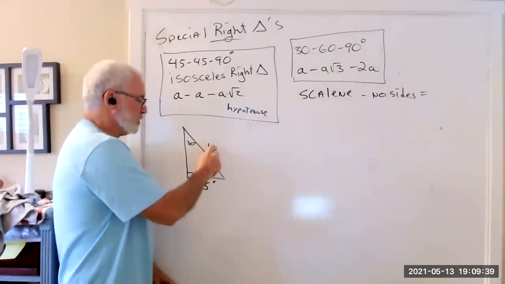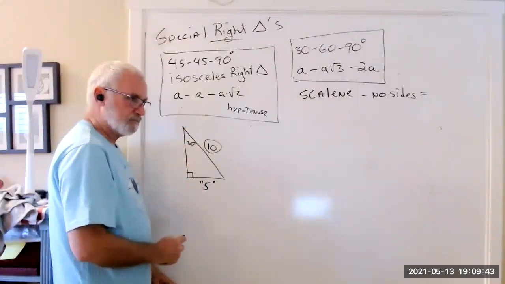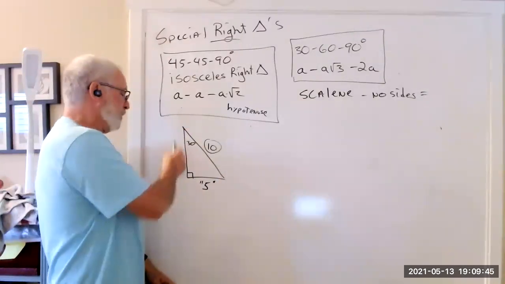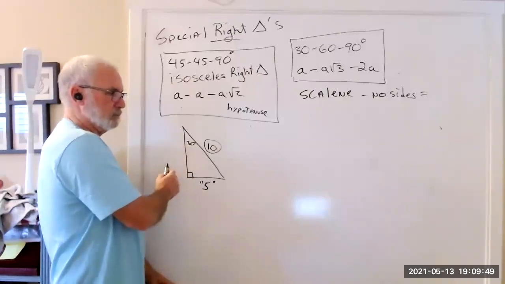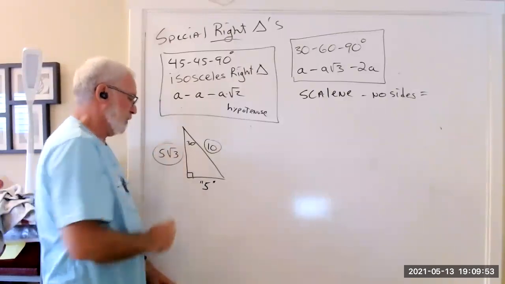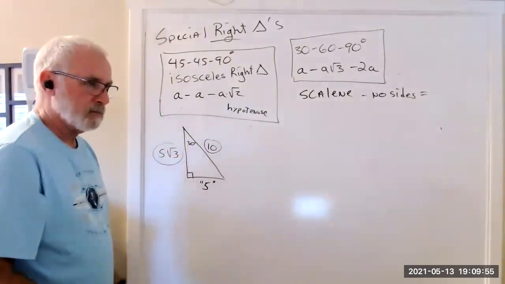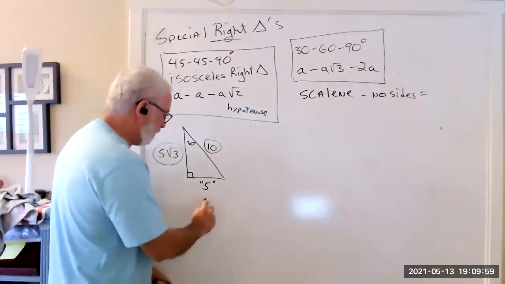So the hypotenuse is 10. Is that okay with everybody? Yep. All right. What about this leg over here? 5 square root of 3. That's it. You're done. That easy. Because I gave you the 5. I gave you the A value.